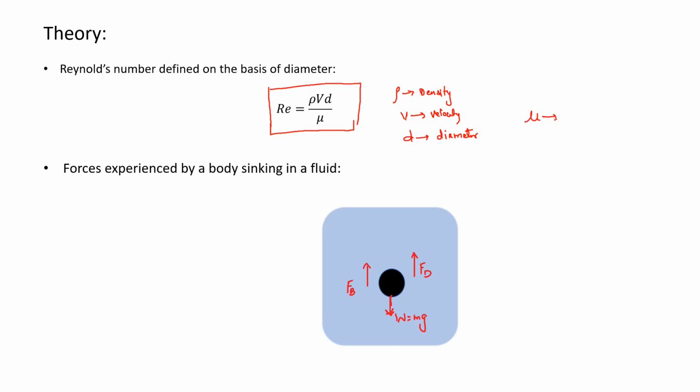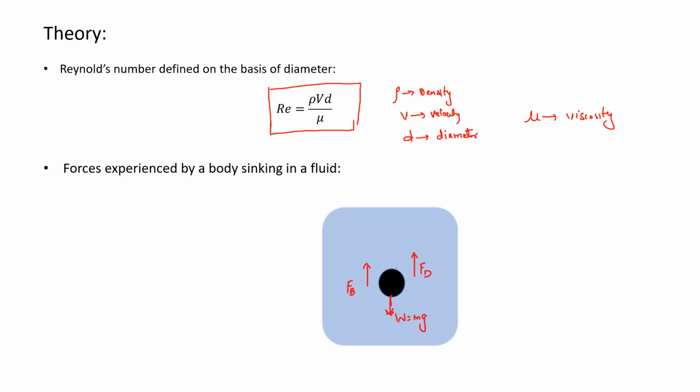Also, mu is the dynamic viscosity of the fluid. So Re is rho v d by mu, and also you need to know the forces experienced by a body which is sinking in a fluid.